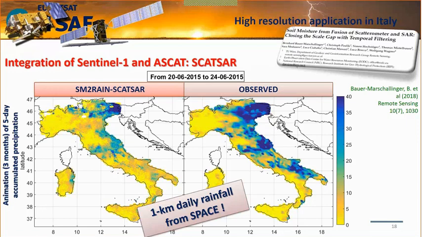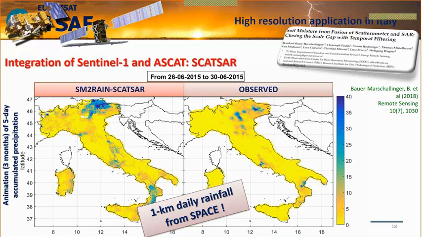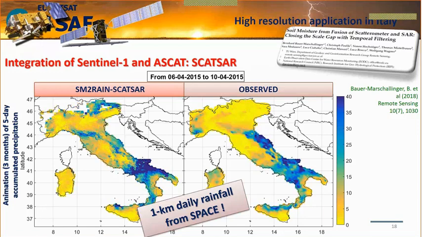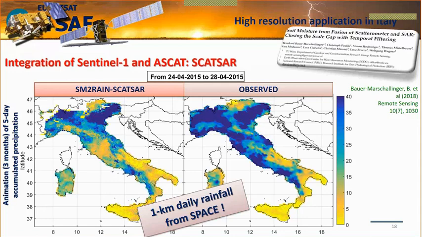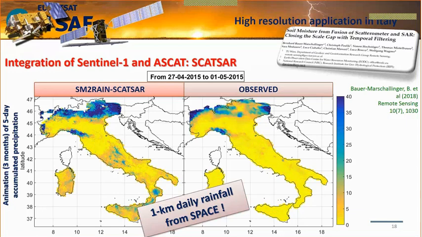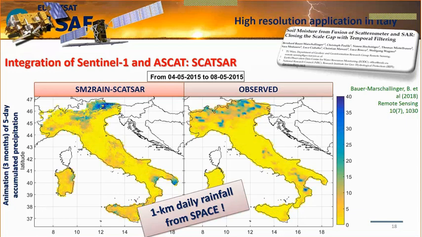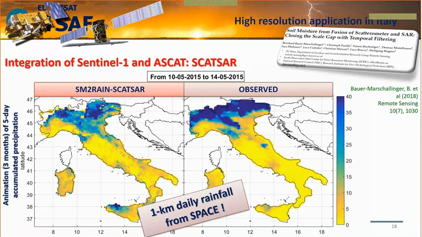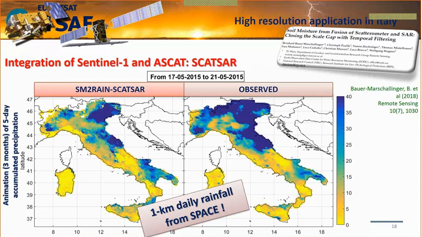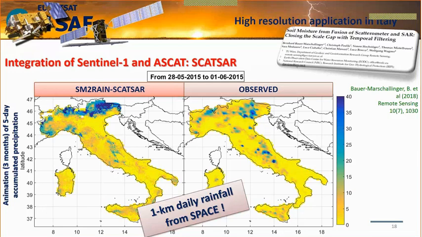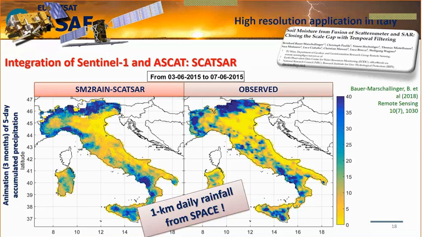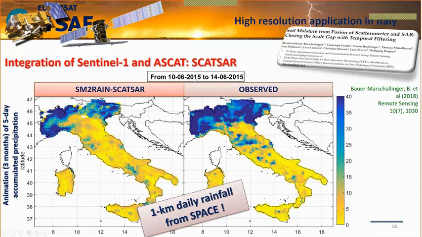The integration provides us a soil moisture dataset with a spatial resolution of 1 kilometer, so very high spatial resolution. By applying SM2RAIN, we are now able to obtain a rainfall product characterized by a daily temporal resolution and 1 kilometer of spatial resolution. So it's characterized by very high resolution.